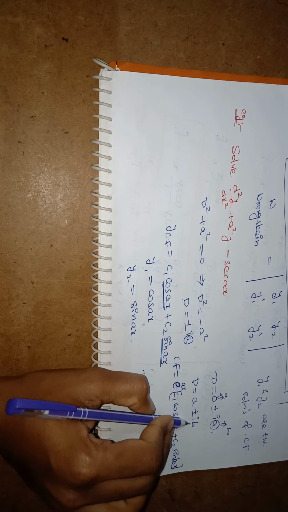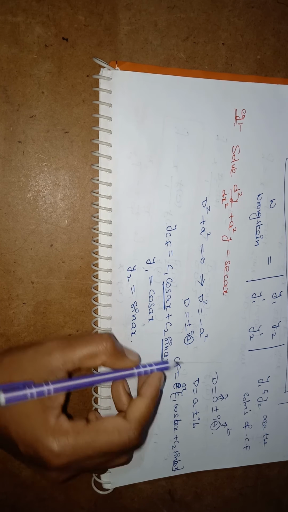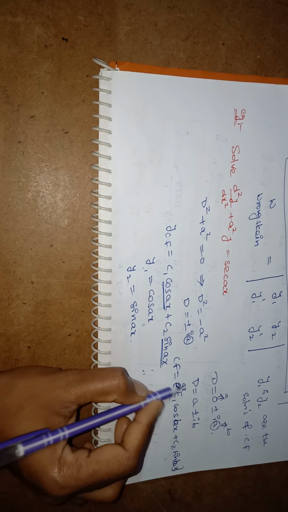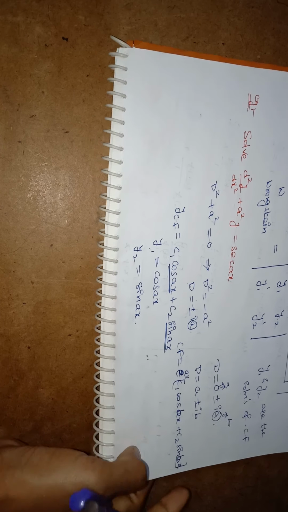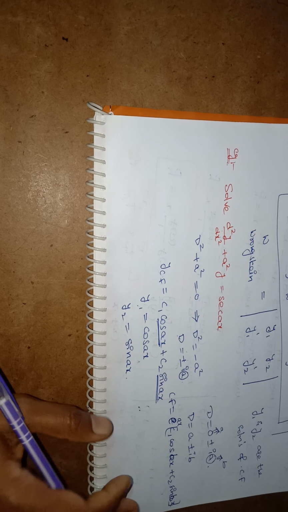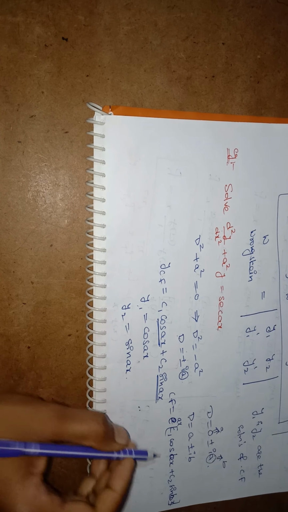For this type of solution, the complementary function is equal to e power ax into c1 cos bx plus c2 sin bx. I had explained this in our previous classes.